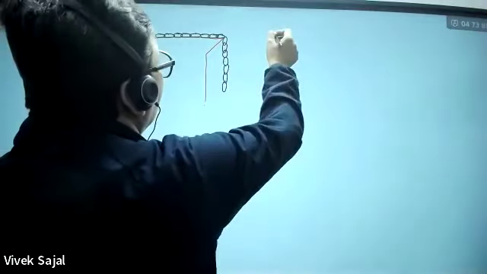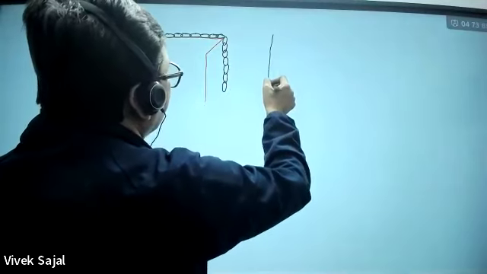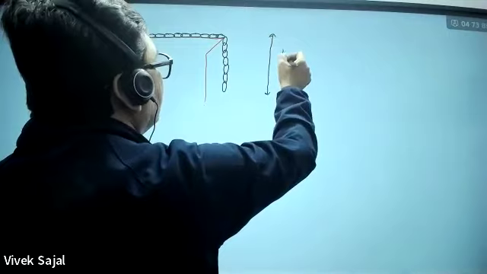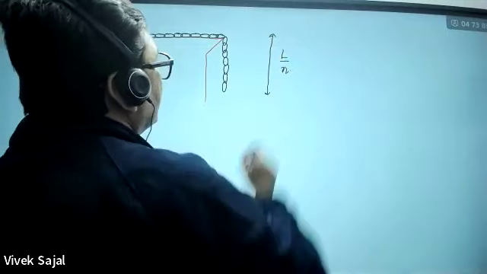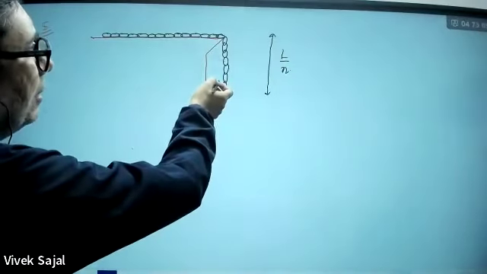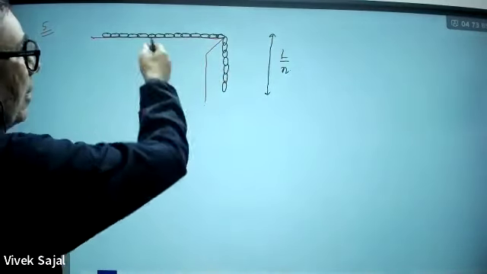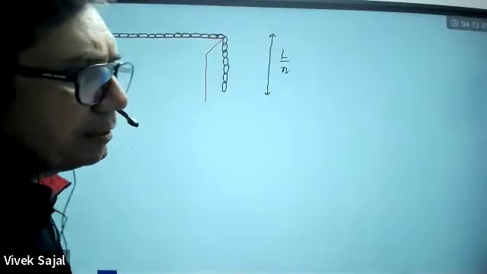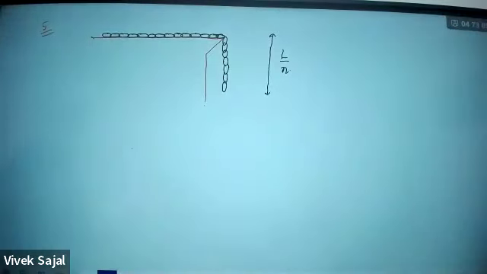The length of this hanging part is 1 by n of L, so L by n will be here. Now you have to find out the work done if you want to place this chain back on the table. You want to find out the work done in lifting the hanging part of the cable up to the surface.